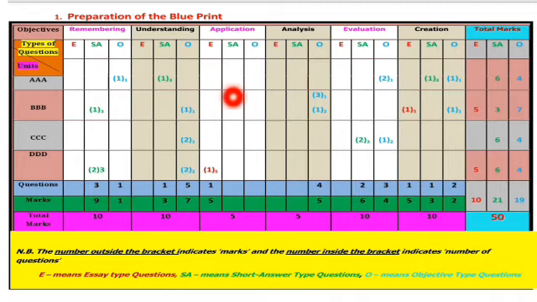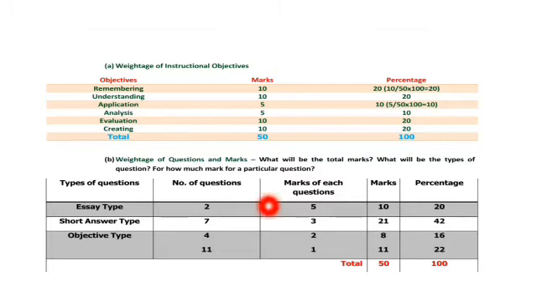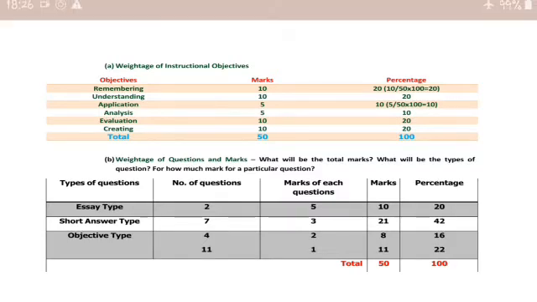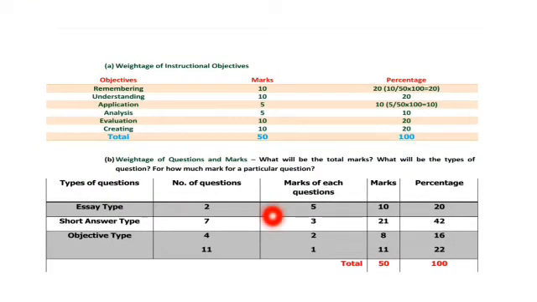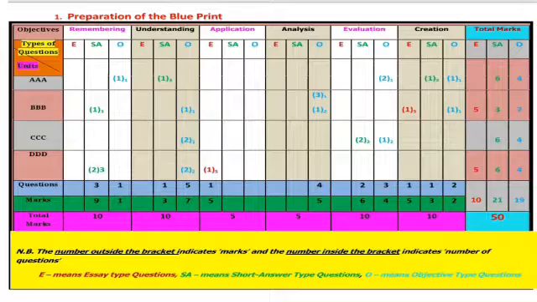Here 1 question, and here the other one. That means the application part and the creation part, essay type question has been provided. That means 2 questions, 5 marks each means 10. Clear?